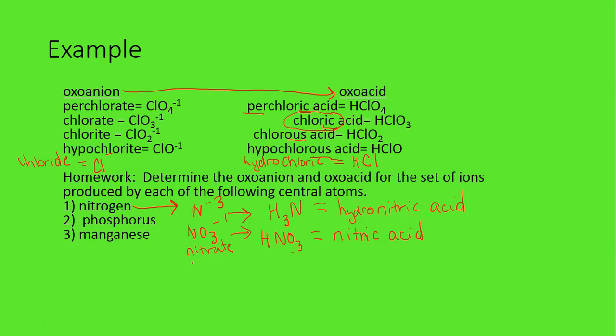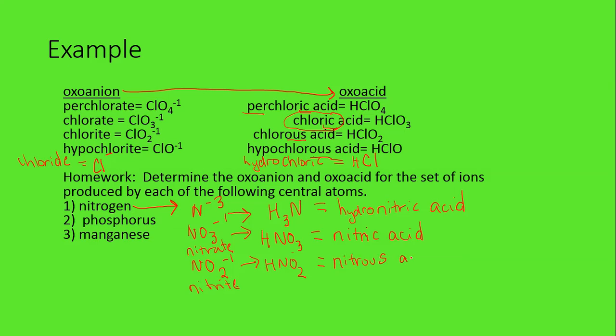All right, so what if that nitrate became nitrite? NO2, -1. Again, we have HNO2. And that -ic became what? It became -ous, right? -ites are -ous. So -ates are -ic, -ites are -ous.